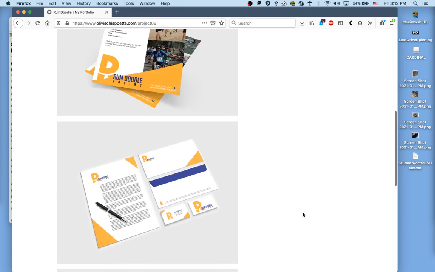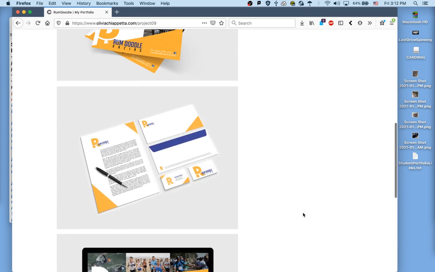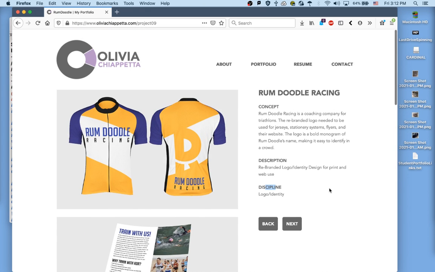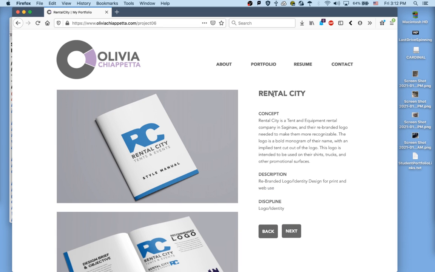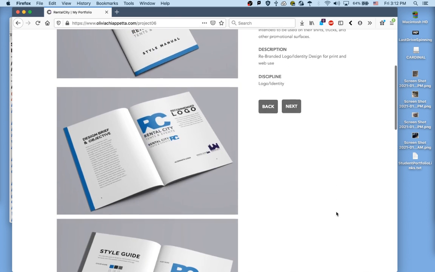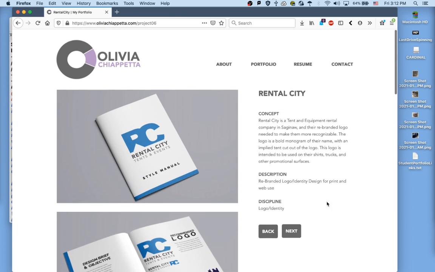And you can go on, and also when you do it, I need at least 3 examples of the piece. And we can go on to the next one. You'll see that she's followed the same pattern again. Makes sense. Title, concept, description, discipline, etc. Here, the description's looking a little weak in my mind. I would hope that you have 3 sentences, but whatever.